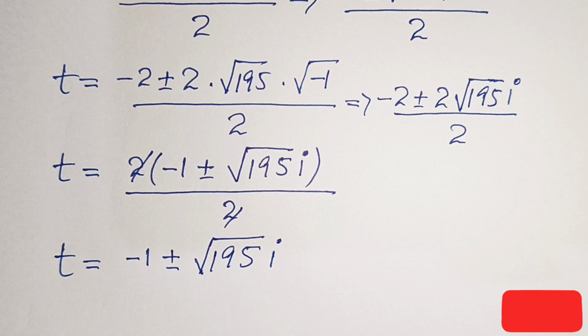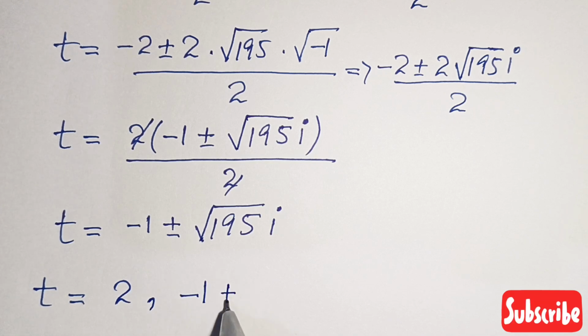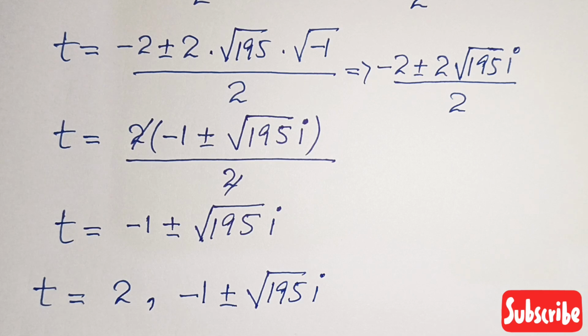So here we have two values of t, so our total values of t will be, first is real one, which is 2, and then minus 1 plus minus square root of 195 i. So here we have values of t.